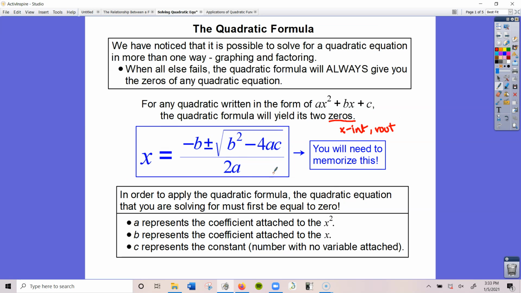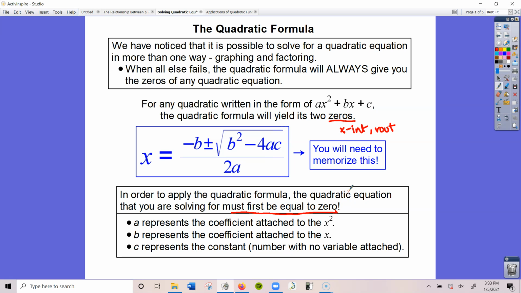And this is the quadratic formula. X is going to equal negative b plus or minus the square root of b squared minus 4ac, all over 2a.